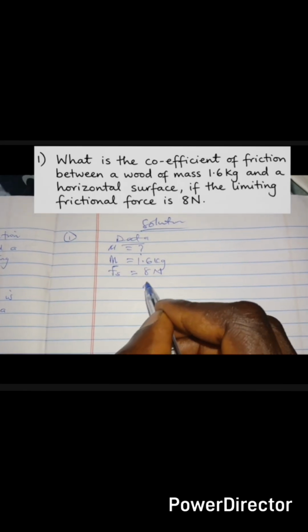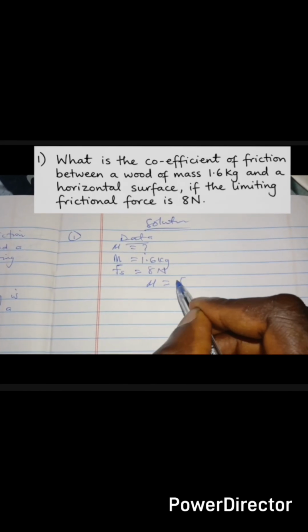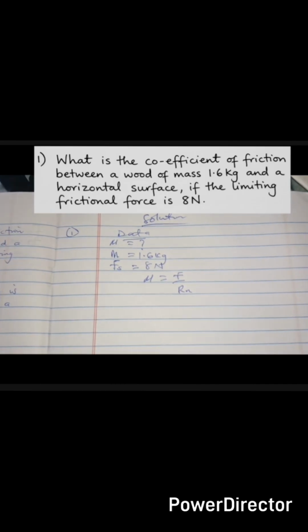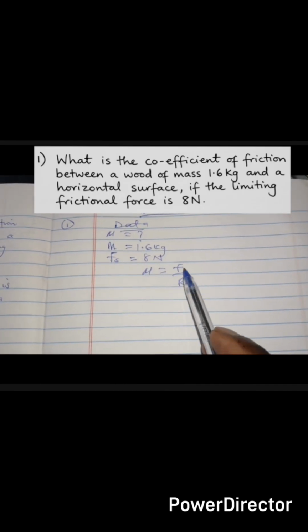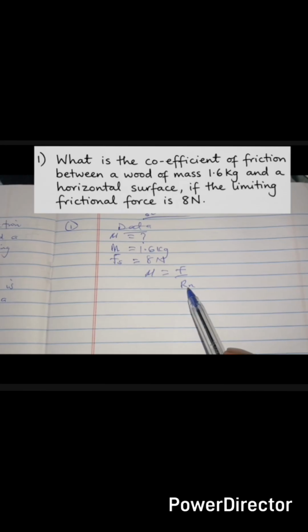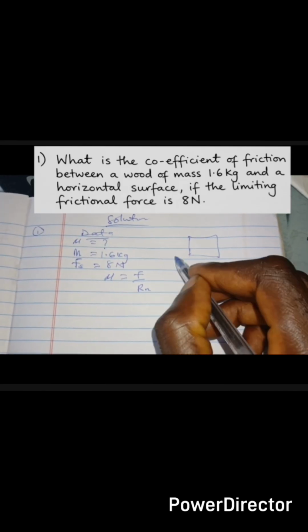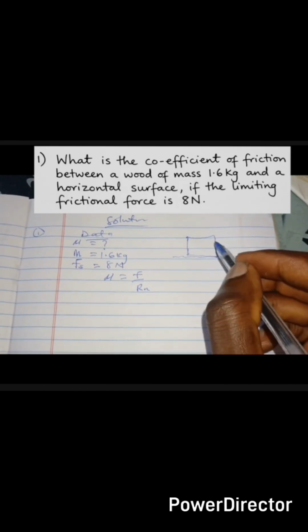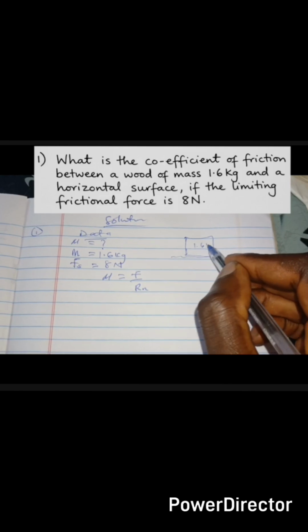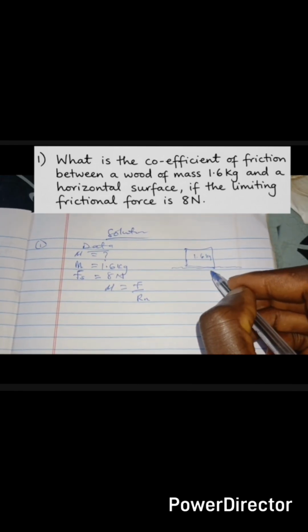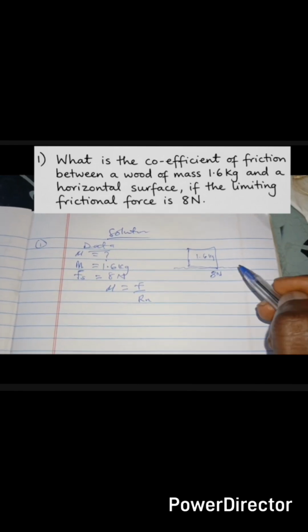We are finding mu. We know that mu is equal to force over the normal reaction. But in this case, our force is given, but the normal reaction is not given. This is the wood, then this is our horizontal surface. We've been given the mass of this wood to be 1.6 kg, the limiting frictional force to be 8 newtons.